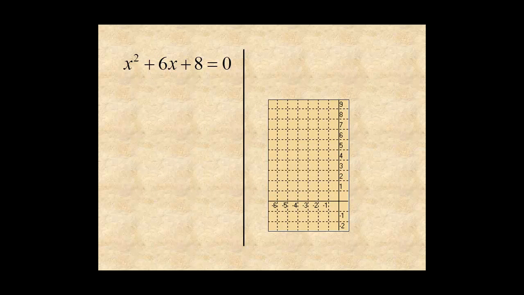So one way to solve a quadratic equation is to graph the related function. Here's a quadratic equation, x squared plus 6x plus 8 equal to 0, and its related function. To begin with, since the leading coefficient is positive, the graph opens upwards.